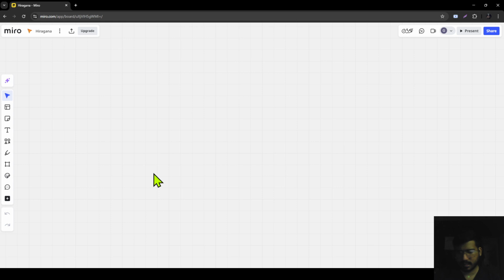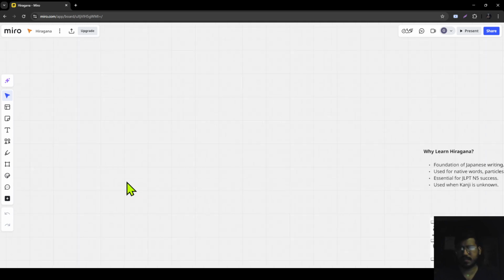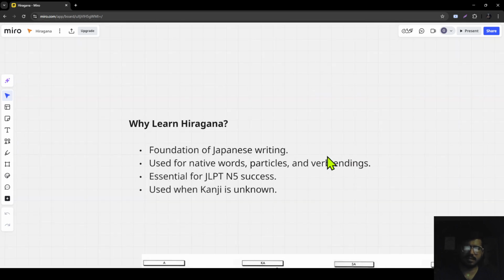If you're appearing for JLPT N5, or are interested in learning Japanese and have been exposed to a certain level of the language, I'm sure you must know what hiragana is. Hiragana is basically the foundation of Japanese writing, because if you don't know hiragana, you can never learn the Japanese language.